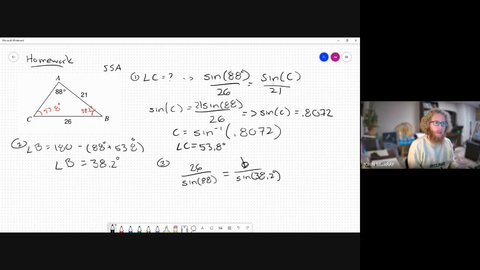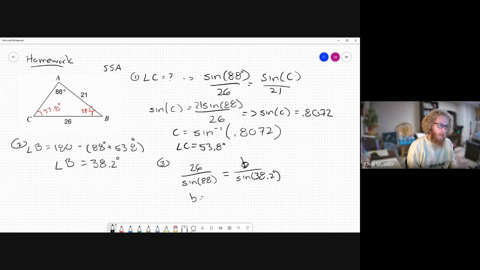Again, it doesn't really matter what you have in the numerator and the denominator, as long as you're consistent. Personal preference, I like putting the variable in the numerator. It's a little less work, less chance for a silly mistake.